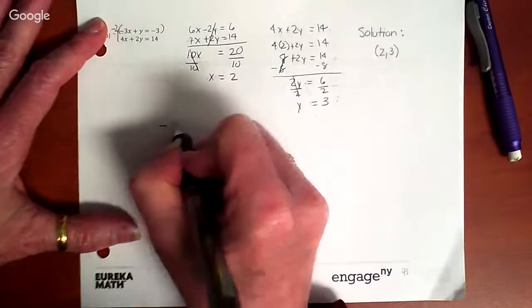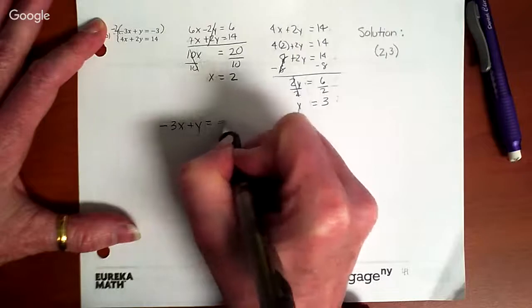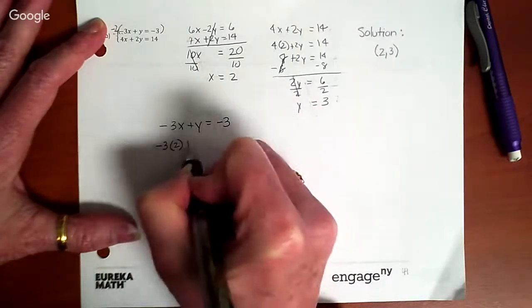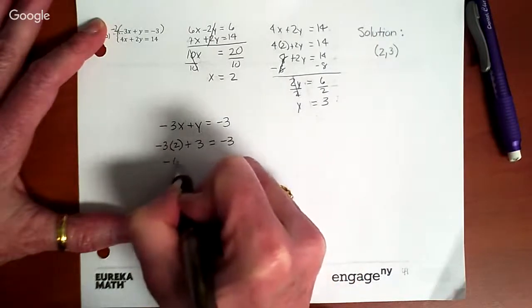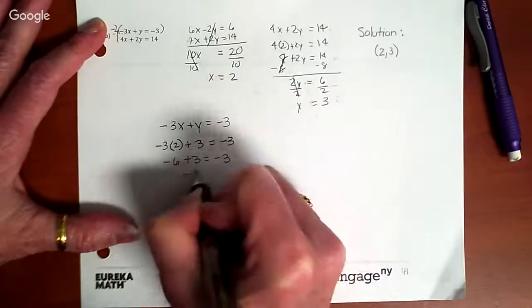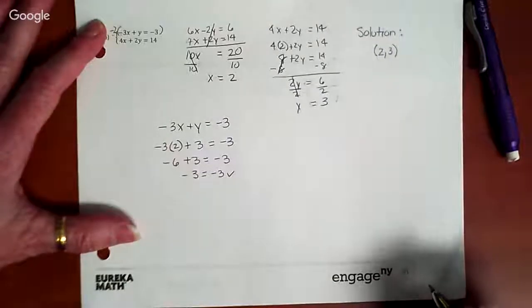So to check that answer then, negative 3x plus y equals negative 3. Negative 3 times 2 plus 3 equals negative 3. Negative 6 plus 3 equals negative 3. Negative 3 equals negative 3. That checks.